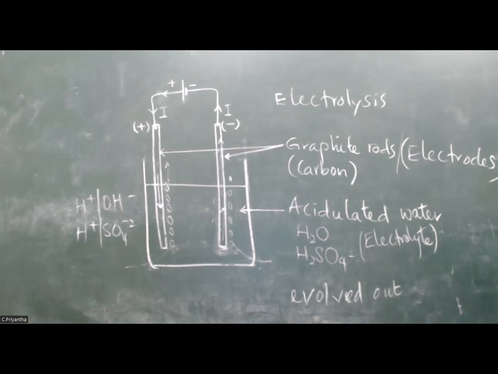Second one: a kind of colorless gas bubble evolved out at the positive electrode. Right, two observations are completed.